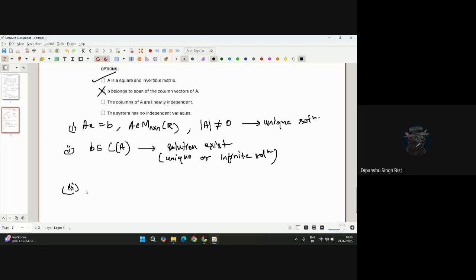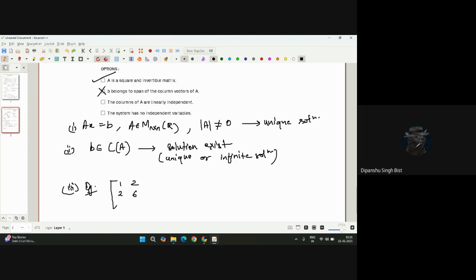So we can take a counter example as well. Columns have to be linearly independent, correct? So what if something like 1 2, and then we are having 2 4? No, not 2 4.